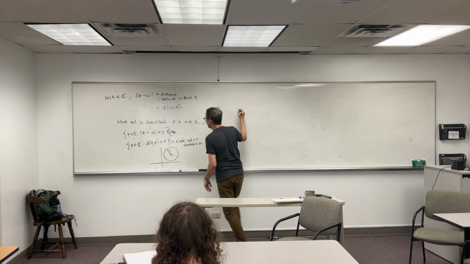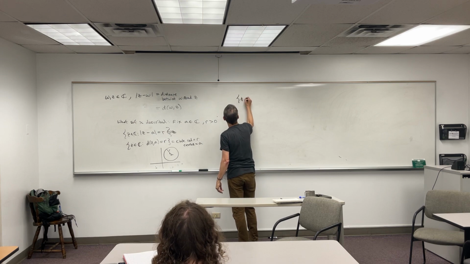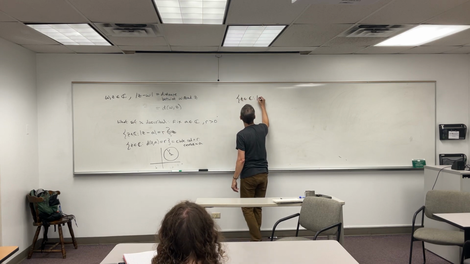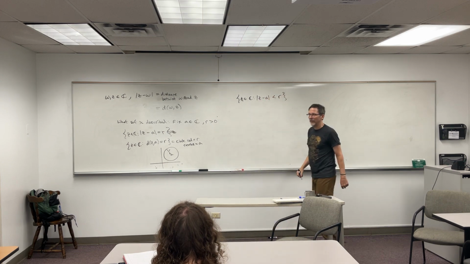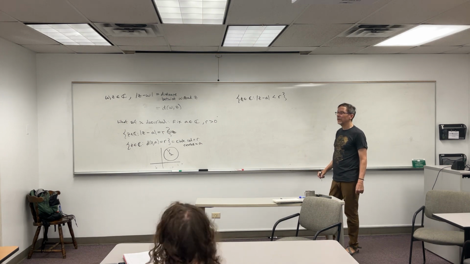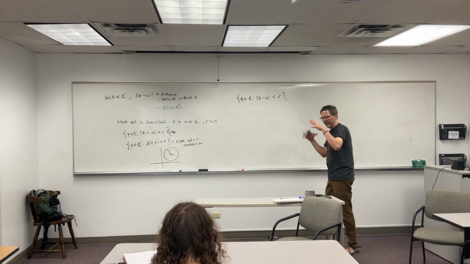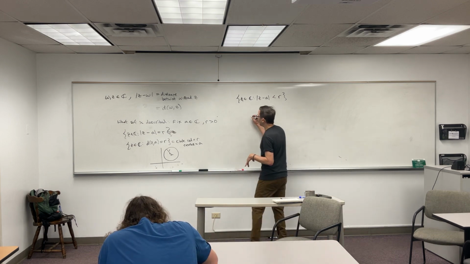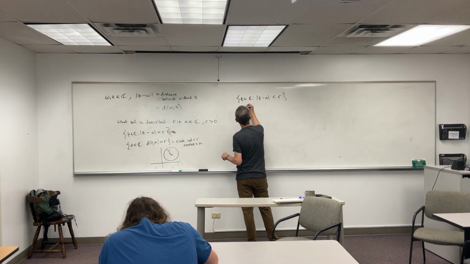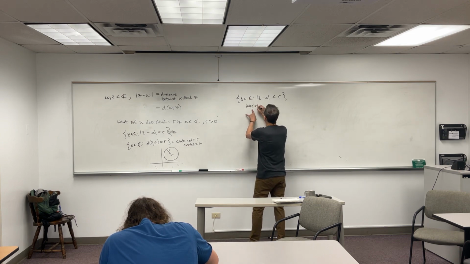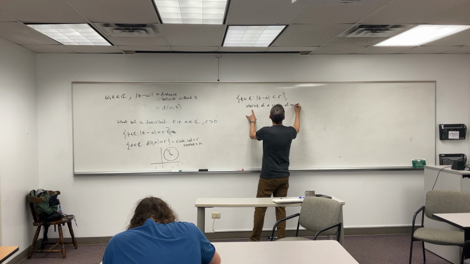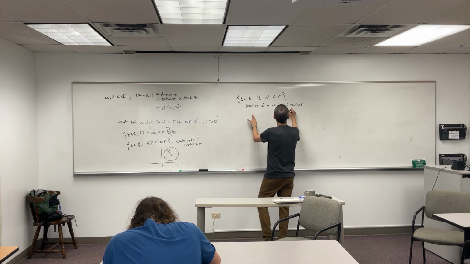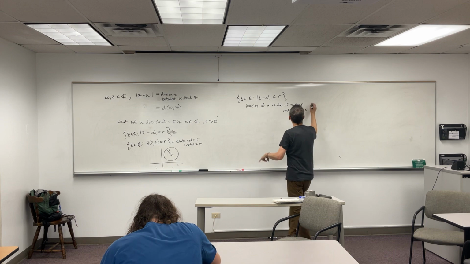What is this set? Everything except the circumference, like everything inside, the stuff inside without the edge. So I'm going to use this word because it's precise: it's the interior of a circle of radius R centered at A. So it looks like this.